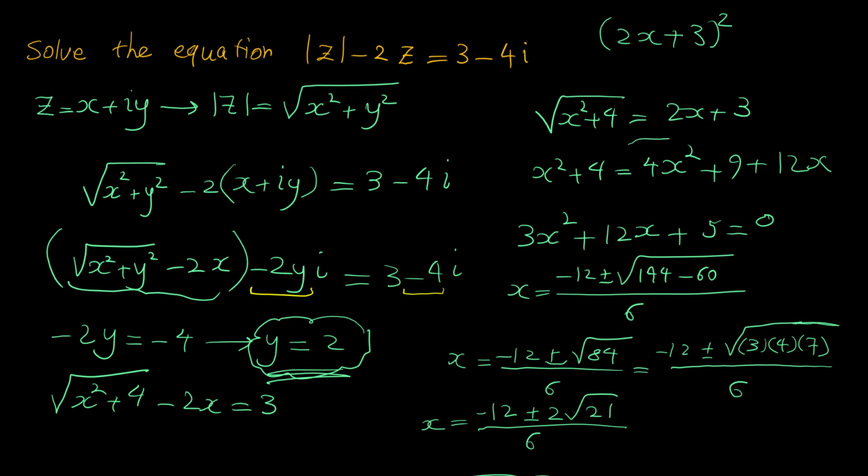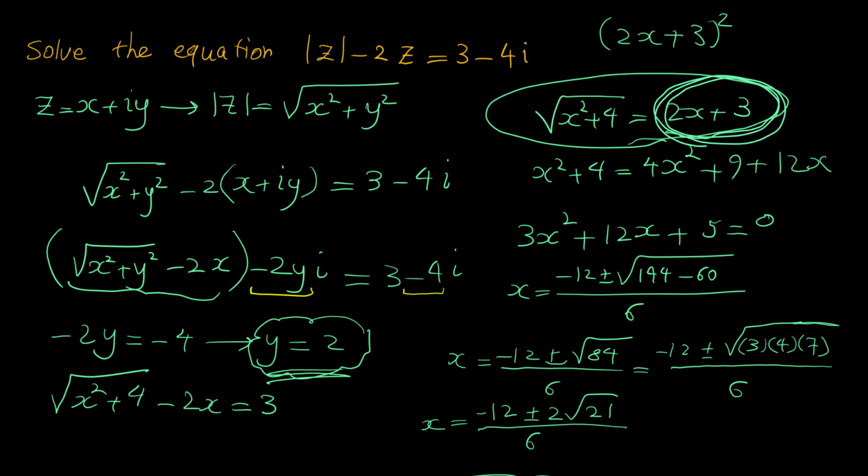x here in this equation, if x is negative 2 minus radical 21 over 3, then that x would make this side of this equation negative. But in the left side we have a radical that is positive. So it cannot be a solution for this equation and should be rejected. So for z, we have only one solution.